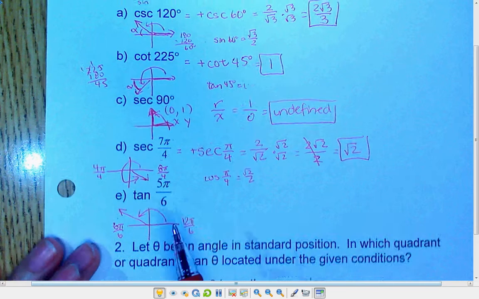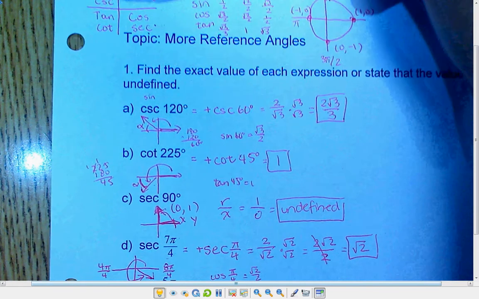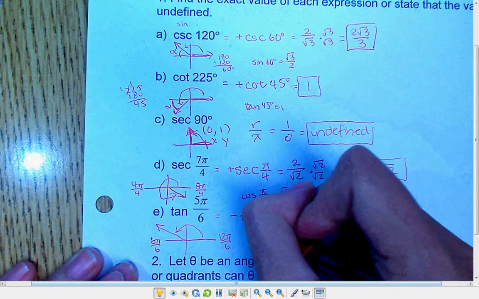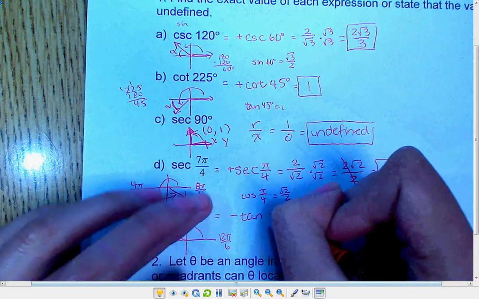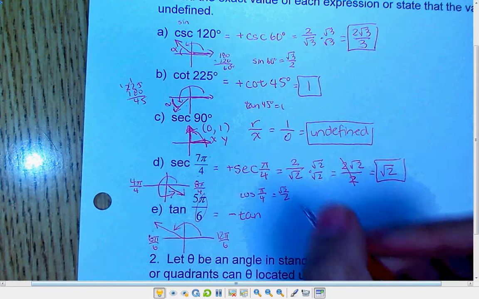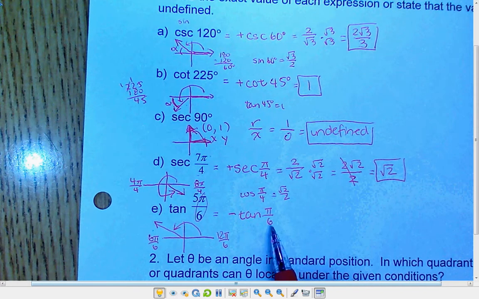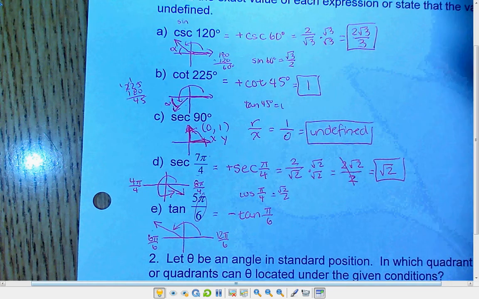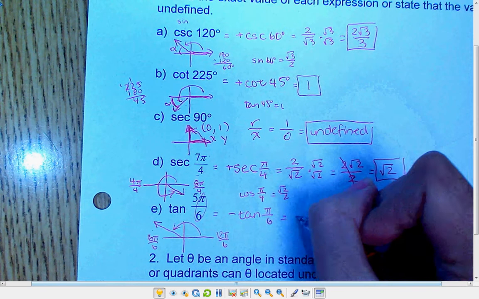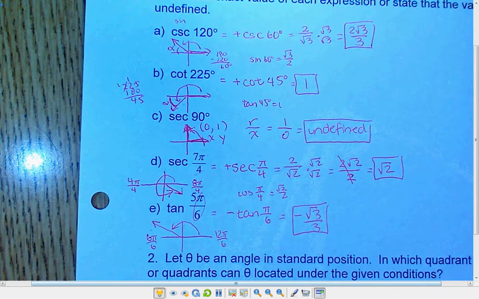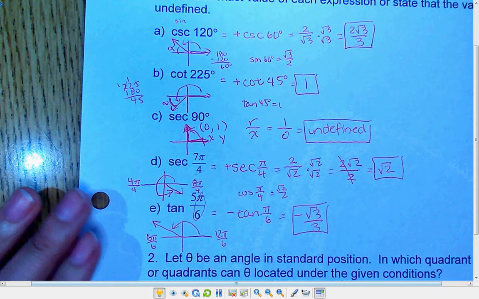In the 2nd quadrant, only sine and cosecant are positive, so this must be negative. And negative tangent, again, our reference angle is just pi over the denominator, which is pi over 6. We're going to look at tangent of pi over 6, which is root 3 over 3. And we just put a negative in front of it. That's our trig ratio.